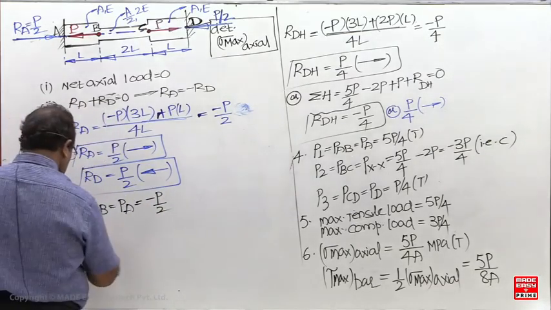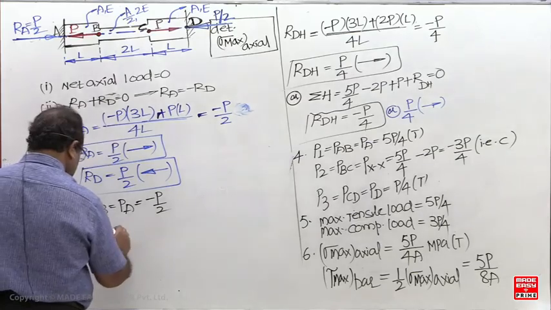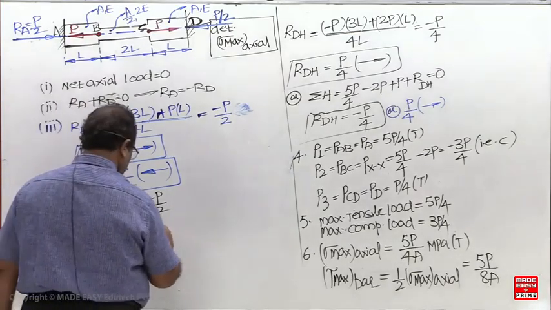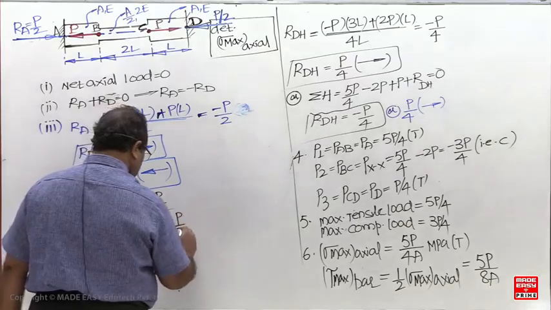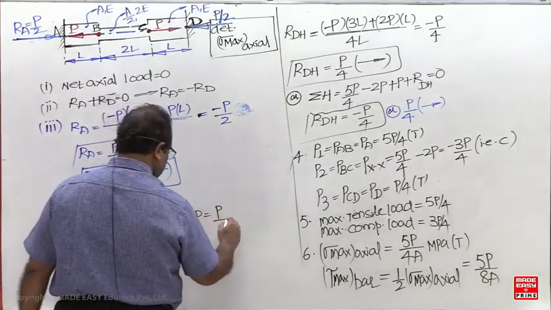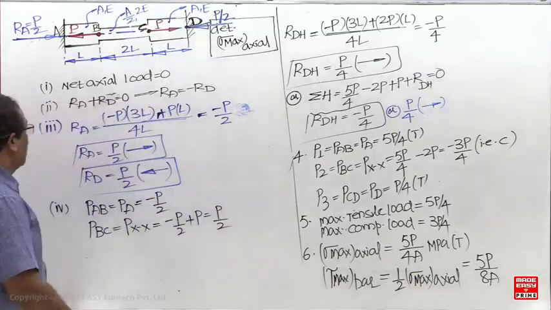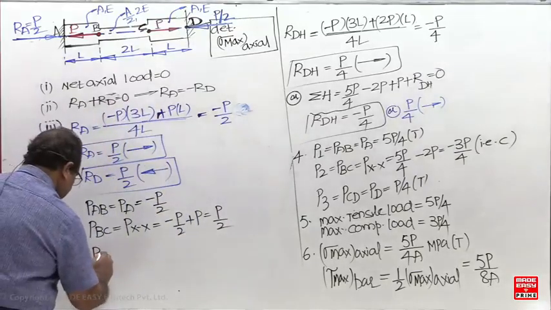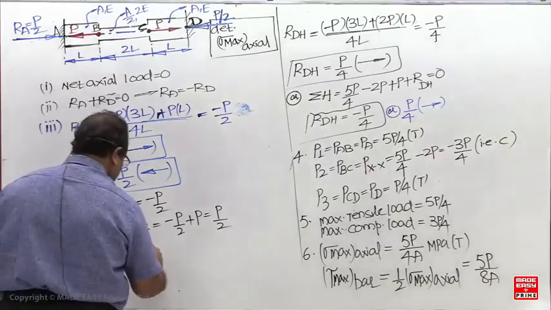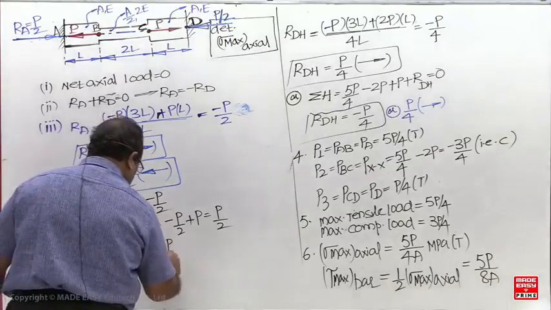Then load in BC, a section is required: minus P by 2 plus P, which is plus P by 2. And what is the load in CD? Load at D. What is the load at D? Minus P by 2.